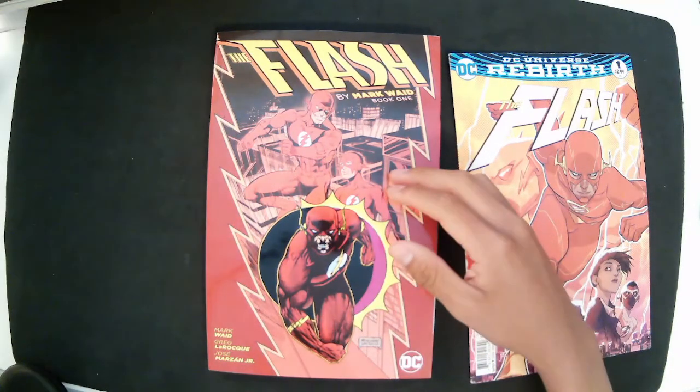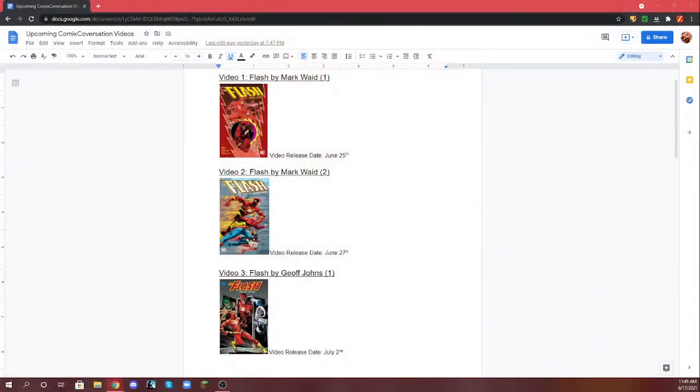And one other term that I will be using are runs, or in this case, Flash runs. So basically what runs are from when a writer starts writing the Flash to when a writer stops writing the Flash. These are known as runs. So the Flash by Mark Waid, his stories, his series, that's known as the Mark Waid run of the Flash.